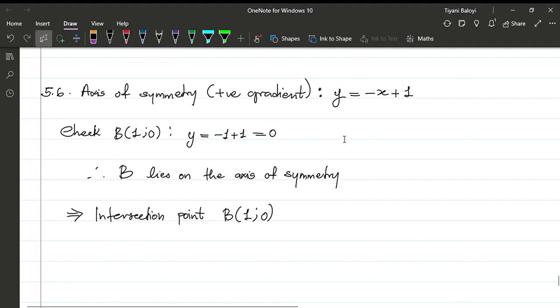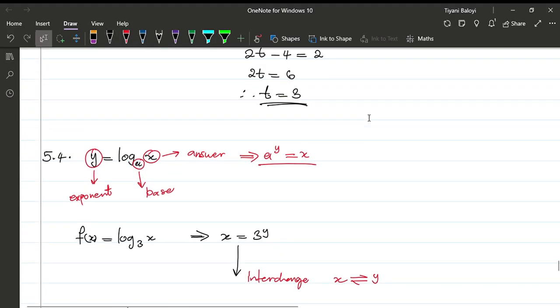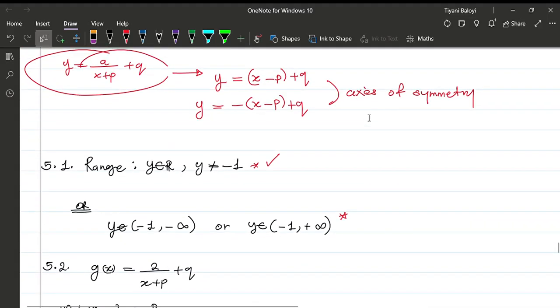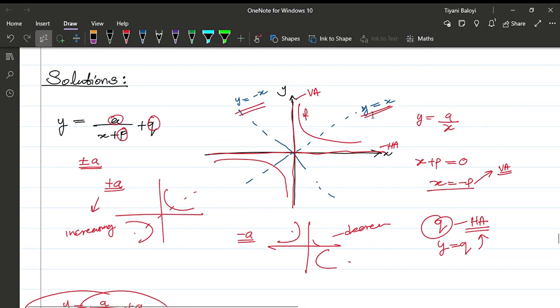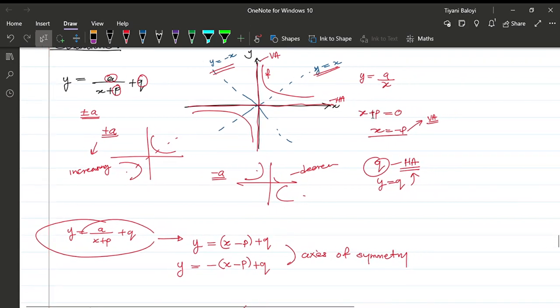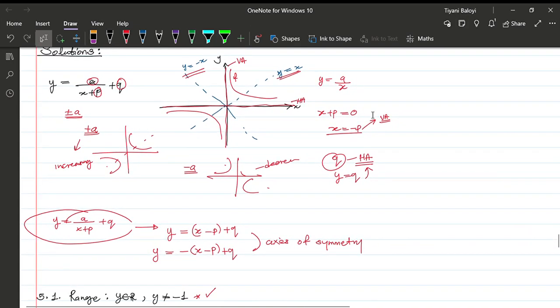So that's all for tonight. So let's just do a recap on what we did, right? So we looked at hyperbolic functions. I gave you a rundown on what each and everything means, and how to make life easier for ourselves.